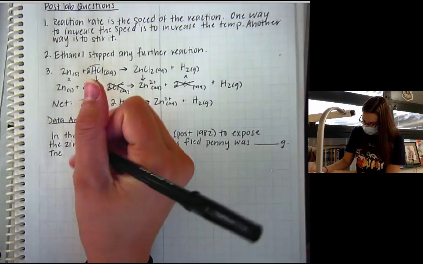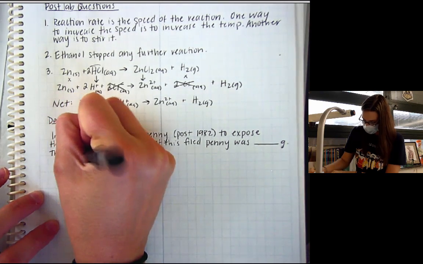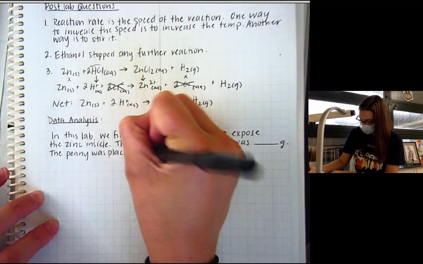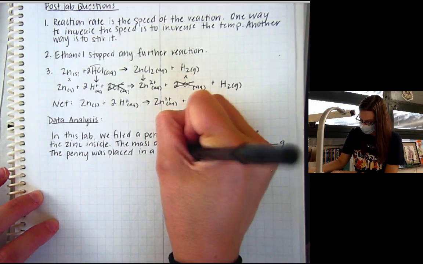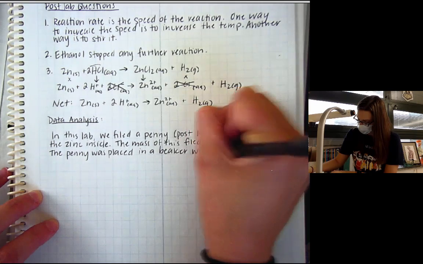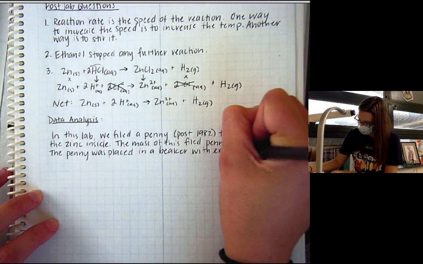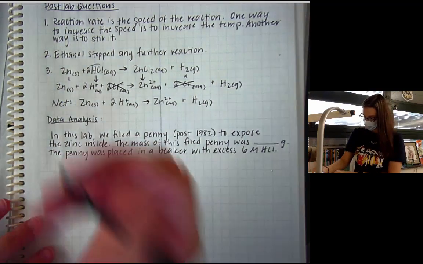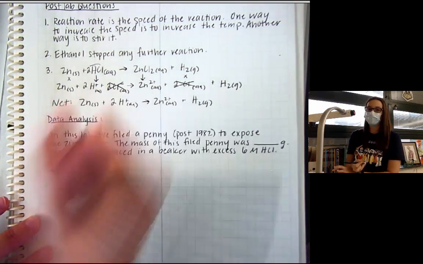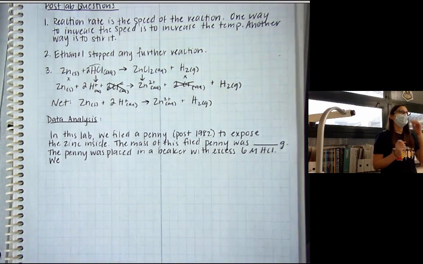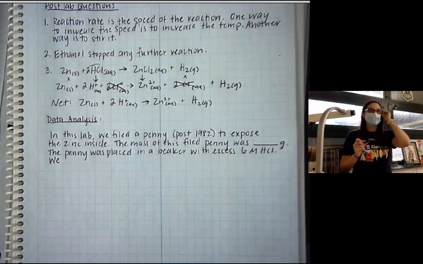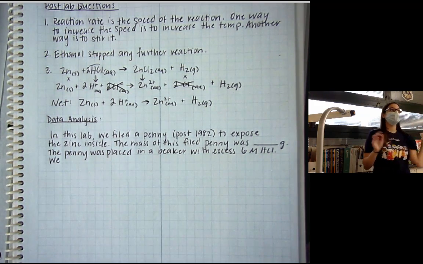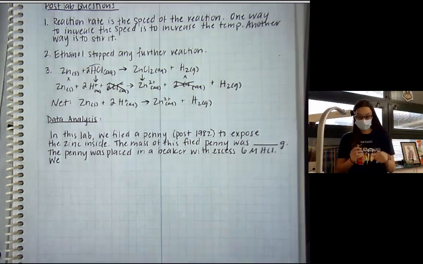Then we're going to say the penny was placed in a beaker with excess 6 molar HCl. So I know that when your lab partners started, the Wi-Fi was being super finicky, and so it was hard for you guys to actually see what was happening.